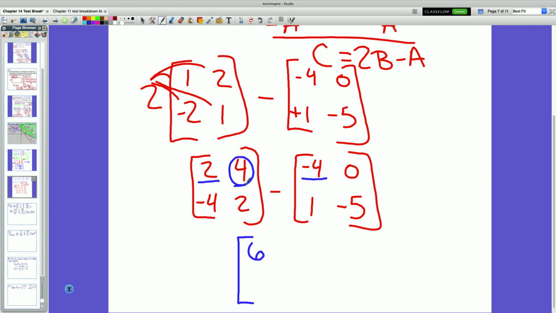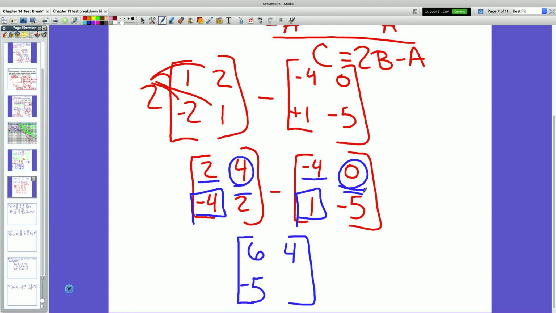Then 4 minus 0 is 4. Then negative 4 minus 1 is negative 5. And then 2 minus negative 5 turns into plus 5, so 7. And that would be C. That's my answer matrix. Again, if you have questions on that, make sure you ask Mrs. Schmidt or Mr. Torres before your test, or you can text or email me, absolutely.